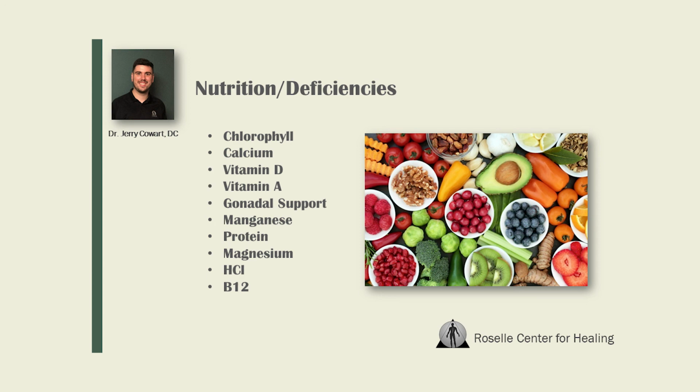B12 is another great one for the neurological deterioration. So if you've got any kind of nerve damage, B12 can often be used to help upregulate nervous tissue, if any part of that sciatic nerve was damaged, giving rise to sciatica.